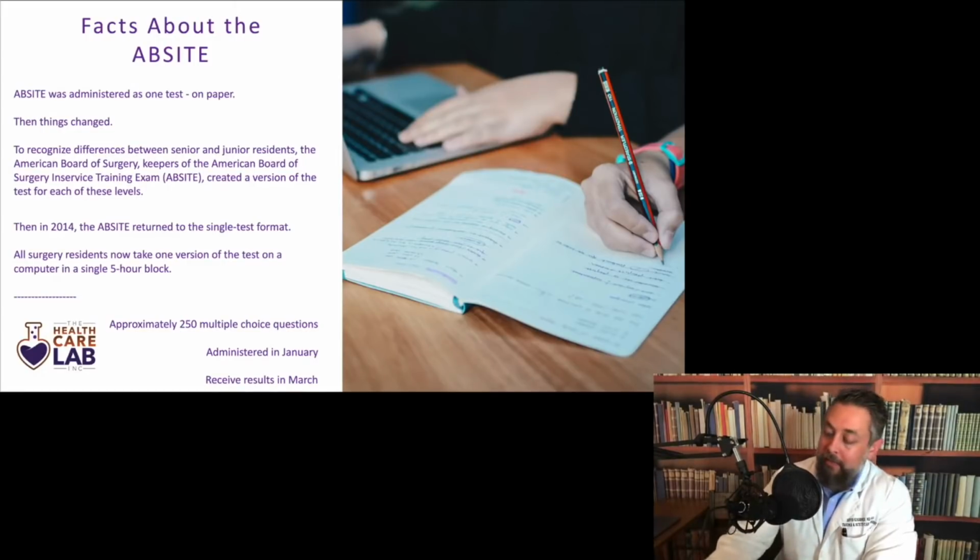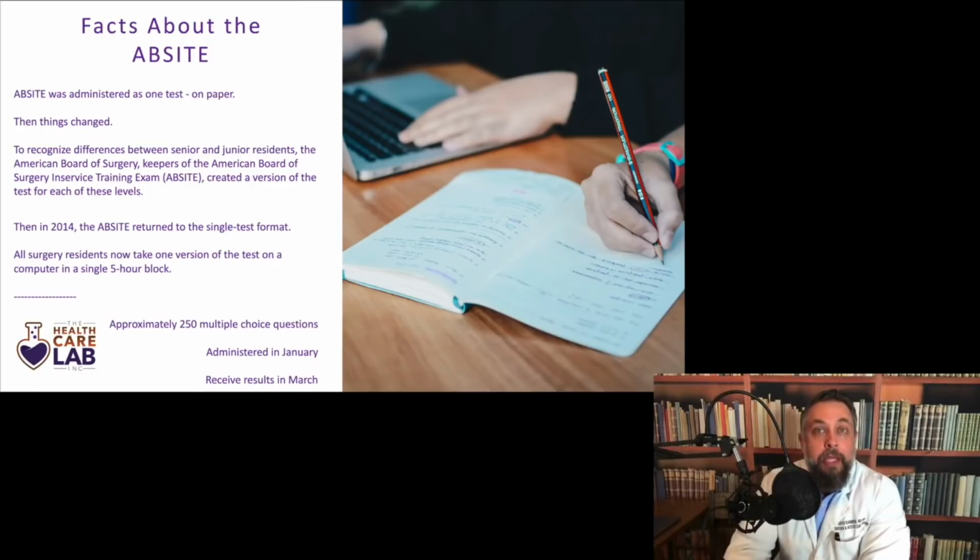Once upon a time, the Absite was administered on paper, and then things changed. To recognize the differences between senior and junior residents, the American Board of Surgery, that's the group that administers, by the way, the Absite. Absite is the American Board of Surgery In-Service Training Exam, sometimes called the American Board of Surgery In-Training Exam.